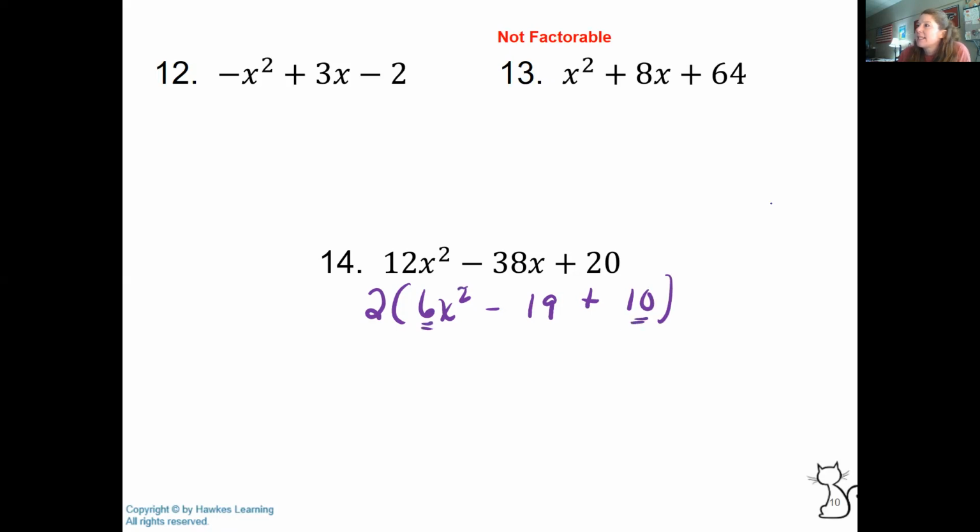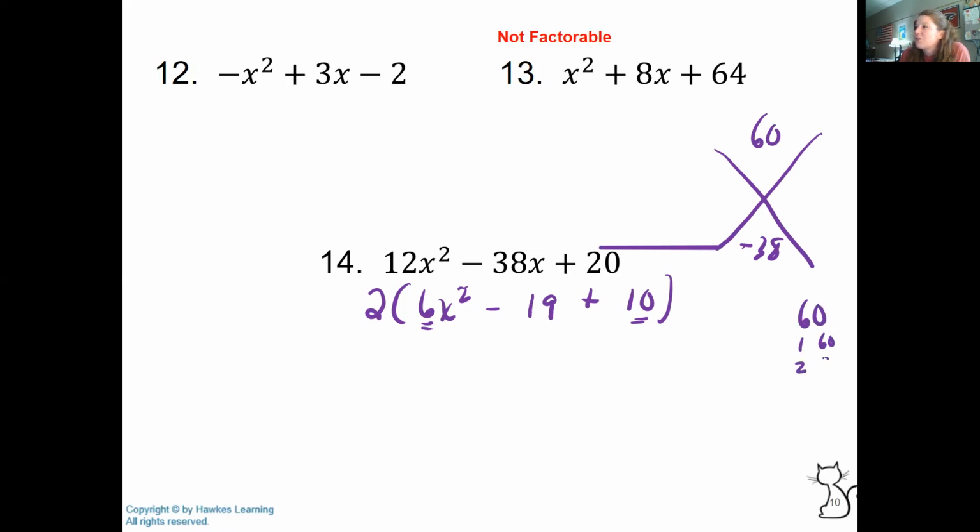6 times 10 is 60. So we want a product of 60 and a sum of negative 38. I don't know. So what are my factors of 60? I have 1 and 60.